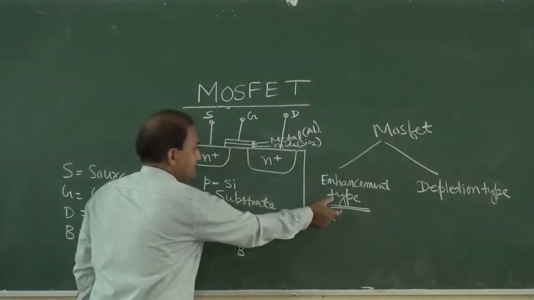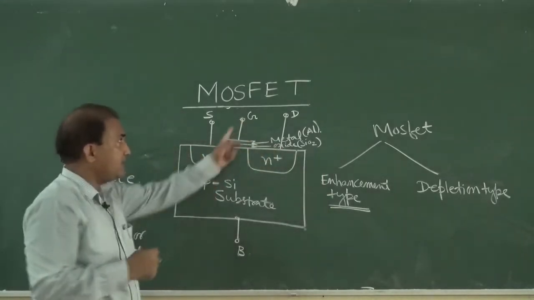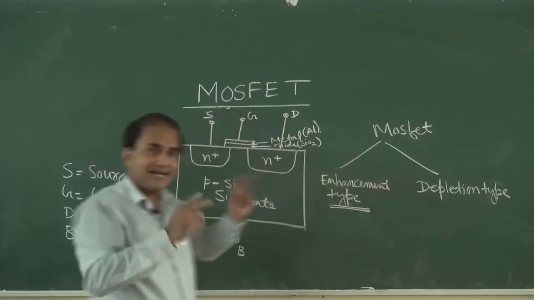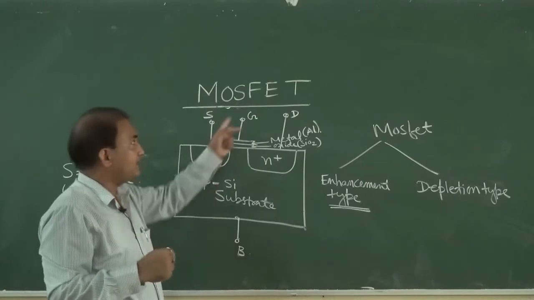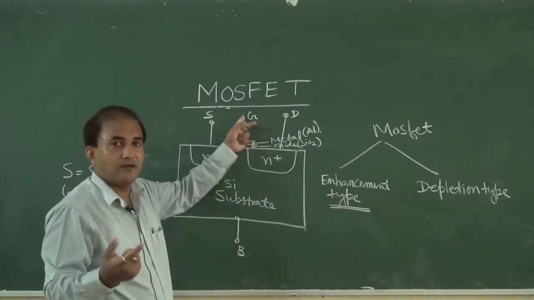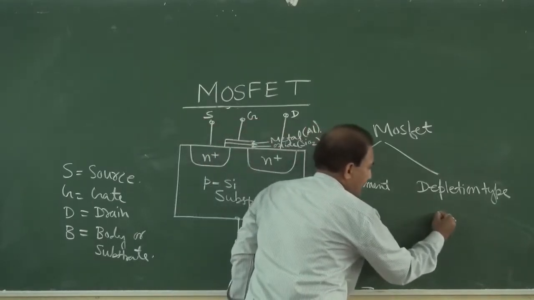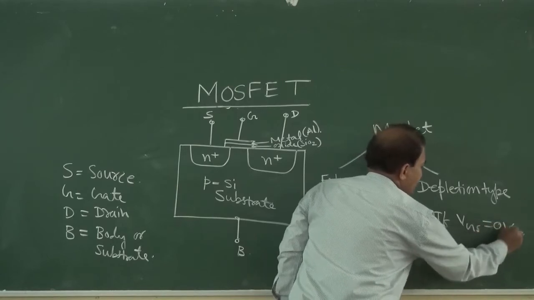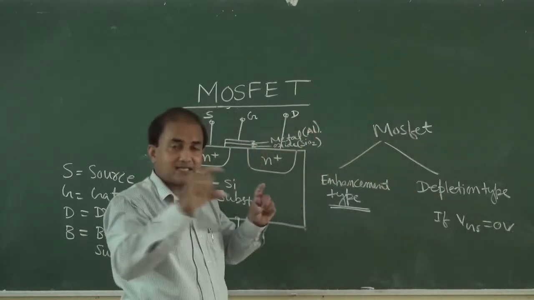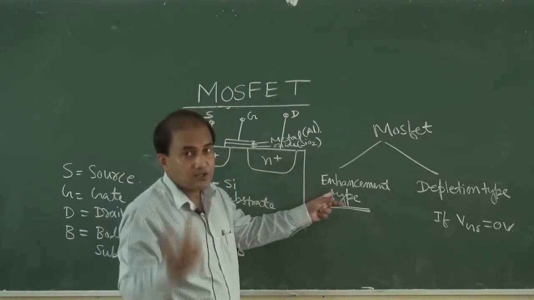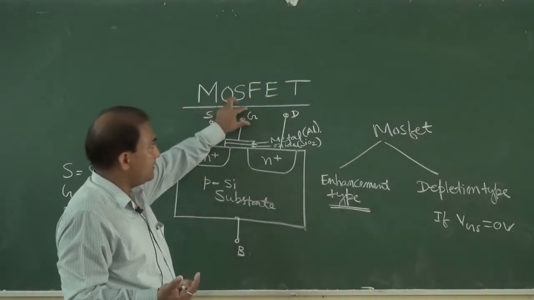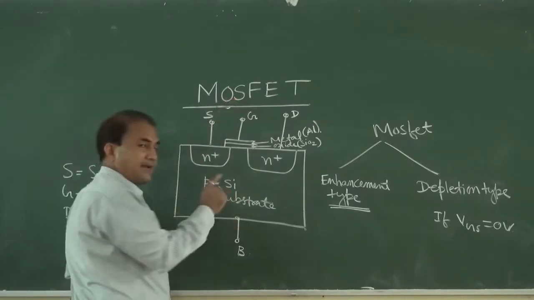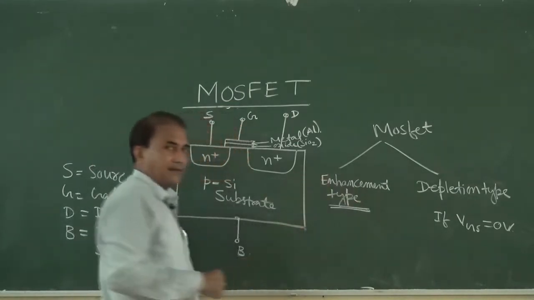How can the channel be created? The channel has to be created by applying voltage at the gate terminal. In case of depletion type, the channel is already created even at Vg equal to 0 volt. So here, even if Vgs is equal to 0 volt, the channel is created, whereas in enhancement type the channel has to be created by applying voltage at the gate terminal. This is the main difference between enhancement type and depletion type.